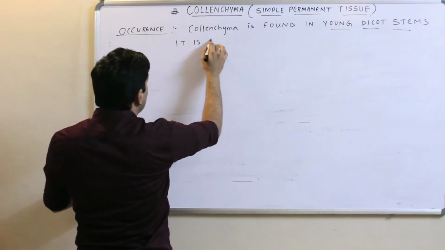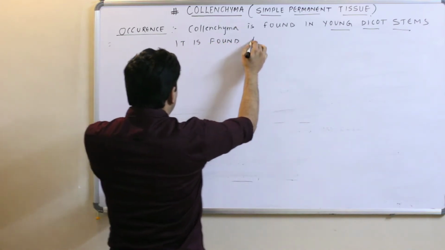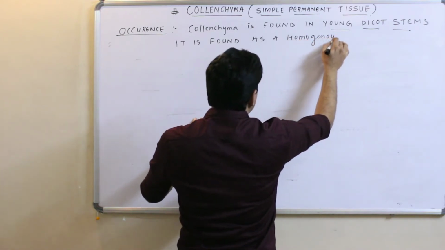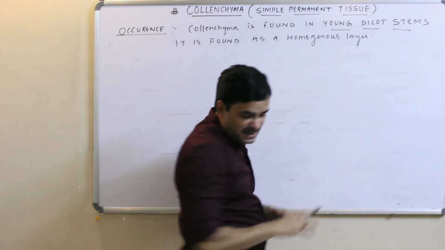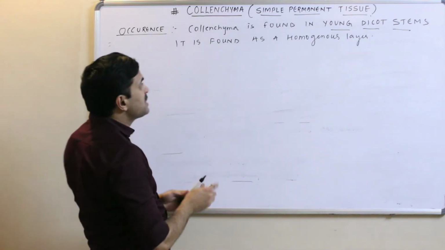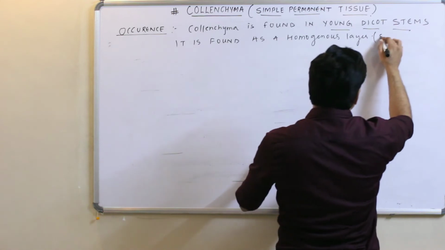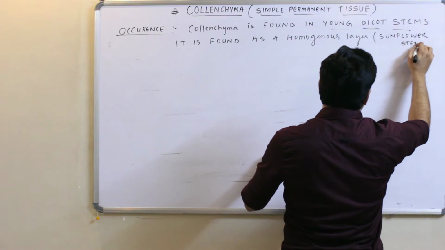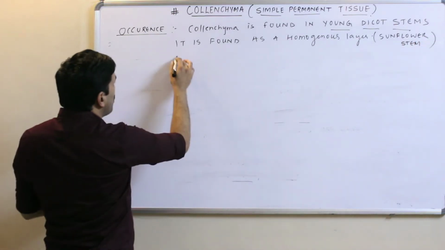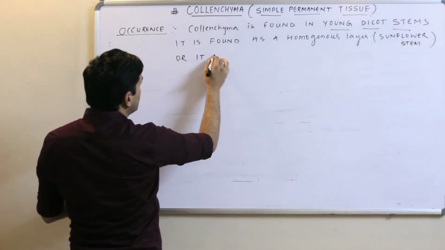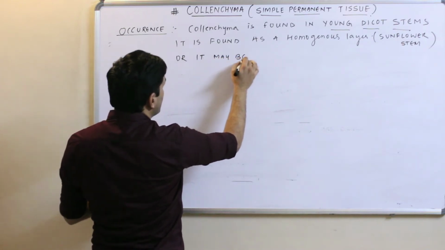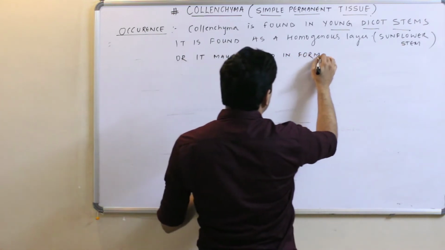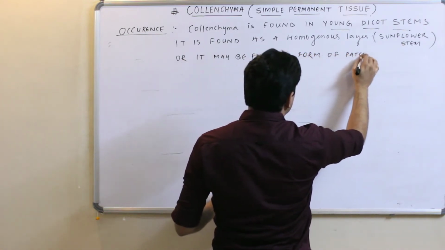It is found as a homogeneous layer, say for sunflower stem, or it may be found in the form of patches.